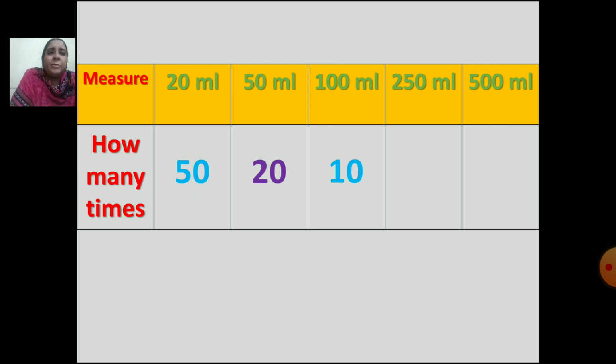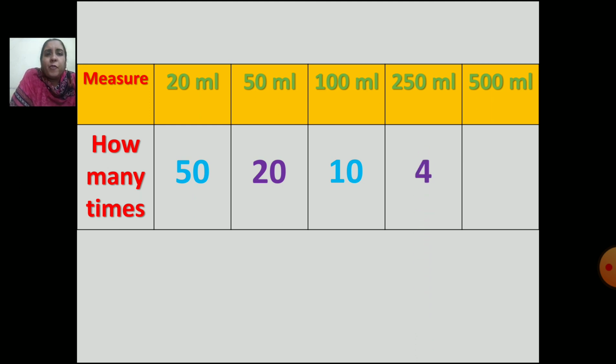How many times will you take 250 ml to make 1 liter? 250 plus 250 plus 250 plus 250 if you take, how many times did I tell? 4 times. So if you take 250 four times, then it will make 1 liter. So your answer is 4 times.